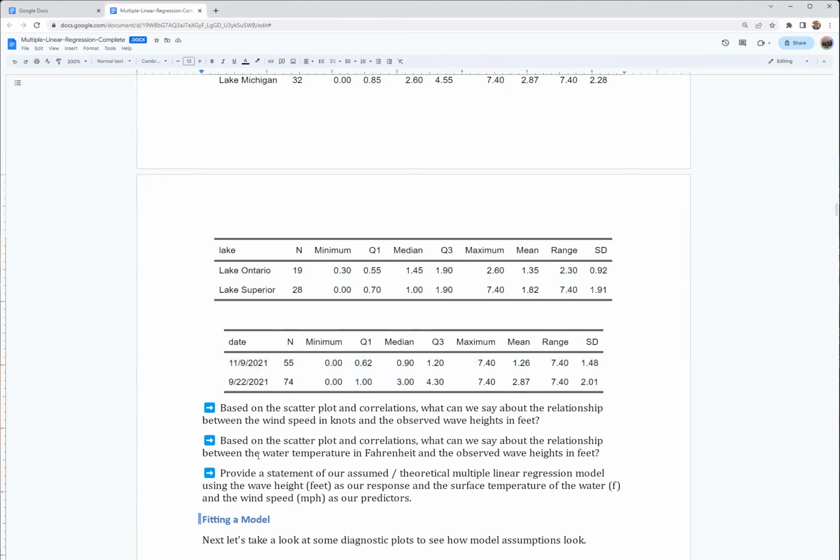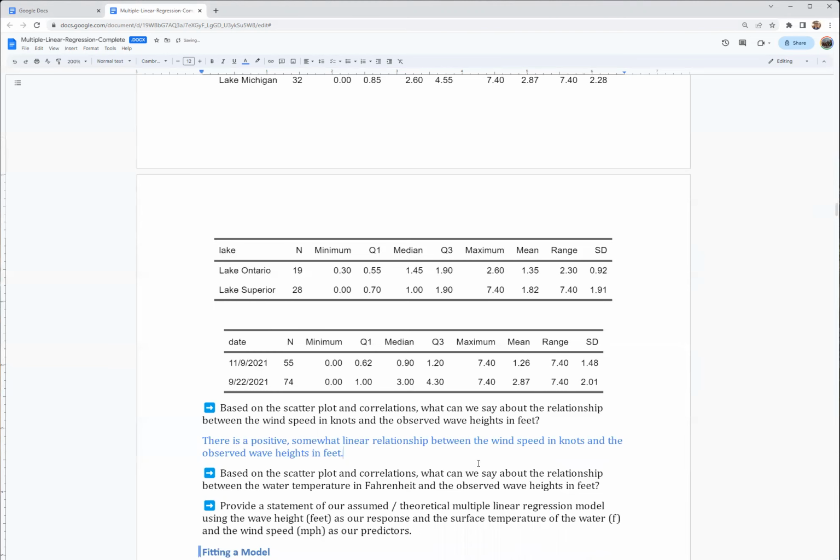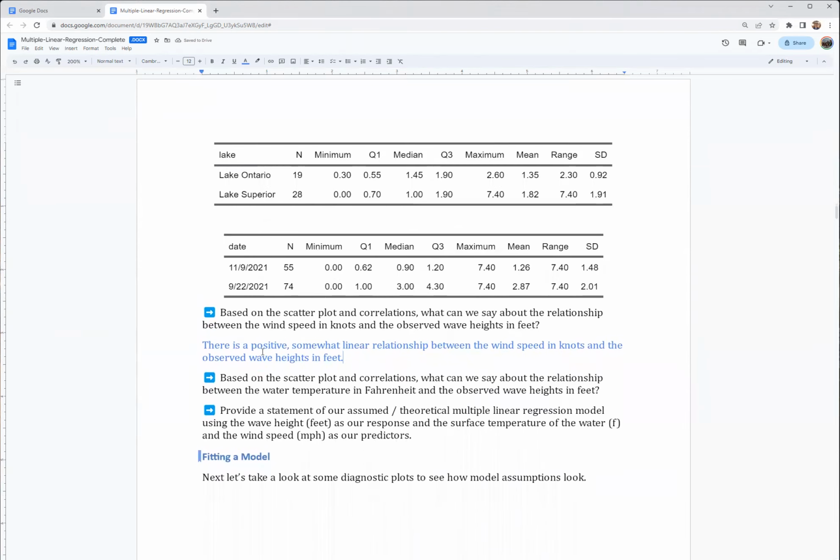Okay, so what can we say about the relationship between wind speed in knots and the observed wave heights? There is a positive, somewhat linear relationship between the two variables.